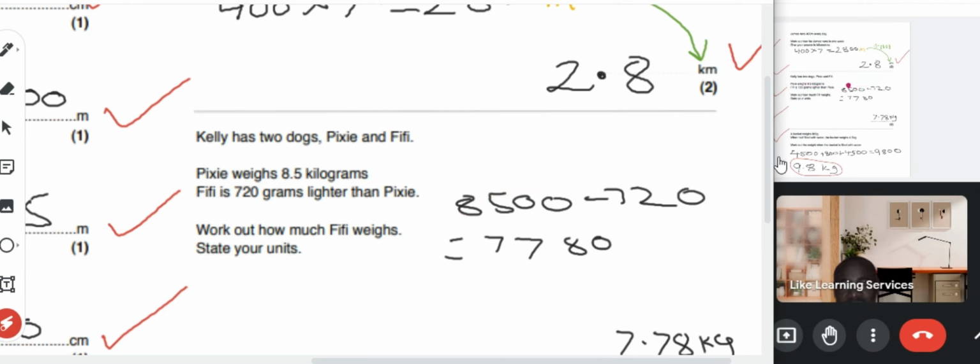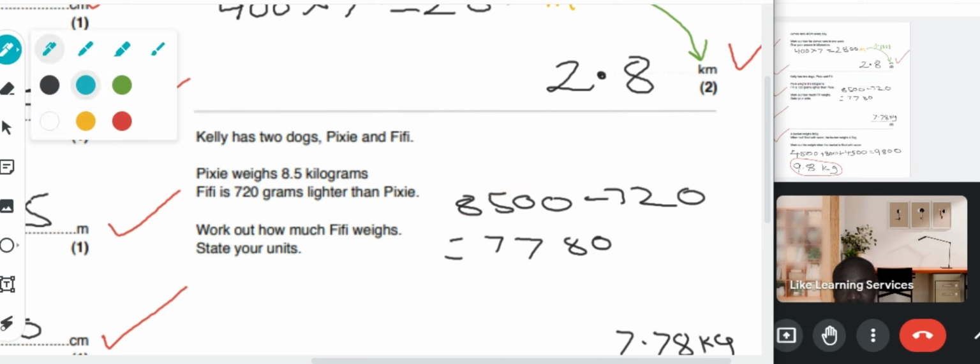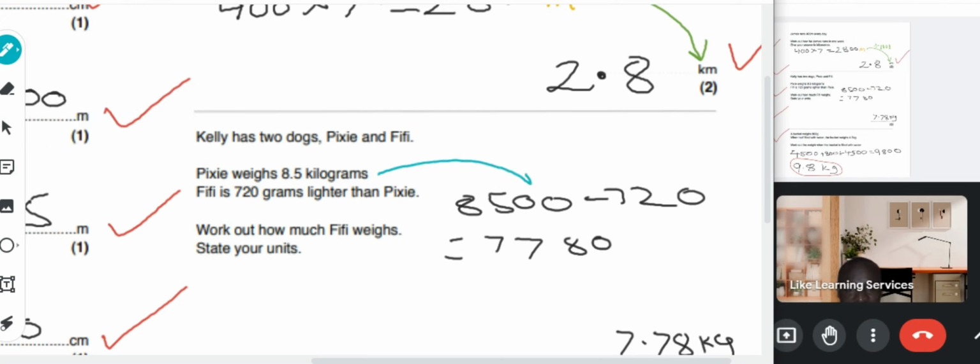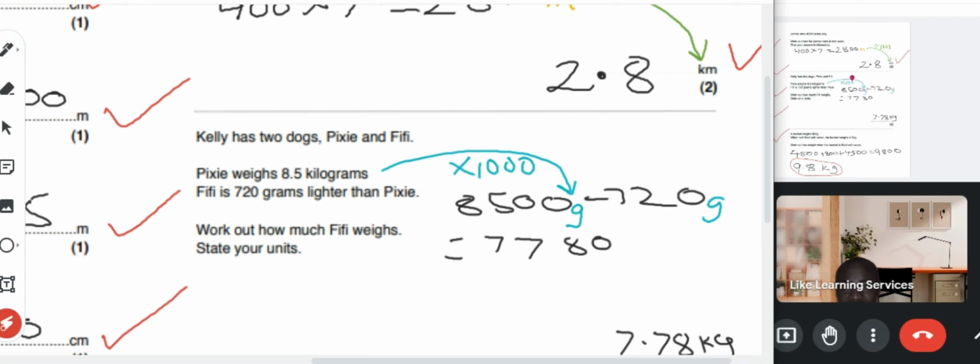You change it to grams by multiplying by 1,000. Wow, you did so well in this. Honestly, you did so well in this. You multiply by 1,000. Because bigger units to smaller units, you multiply by the conversion rate, which is 1,000.